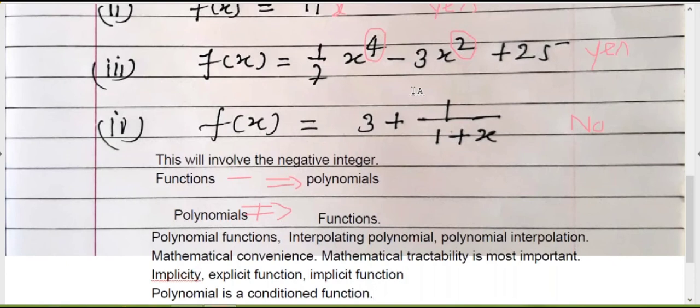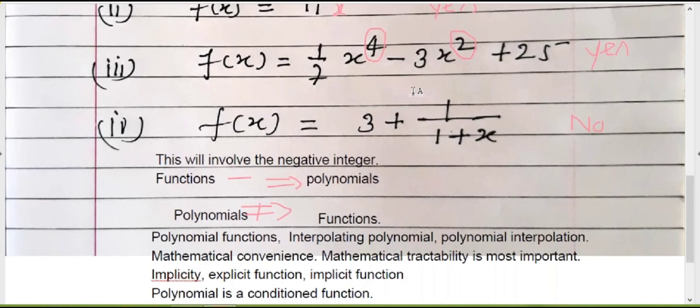Nowadays we are conditioned: you remain safe in the house, we can't go anywhere. Similarly, the polynomial is a conditioned function, and these conditions are that the power of the independent variable must be a non-negative integer and non-fractional. That's all.